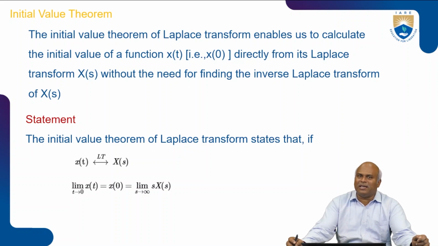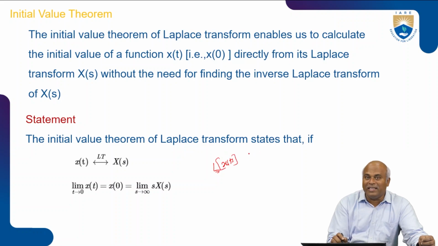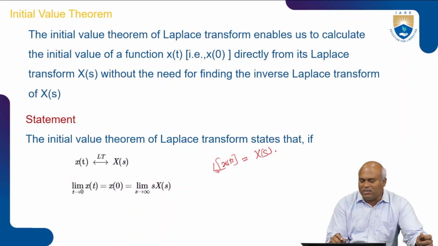As per the statement, we take the Laplace transform of x of t, a continuous signal, which is equal to x of s. We know s is equal to sigma plus j omega.